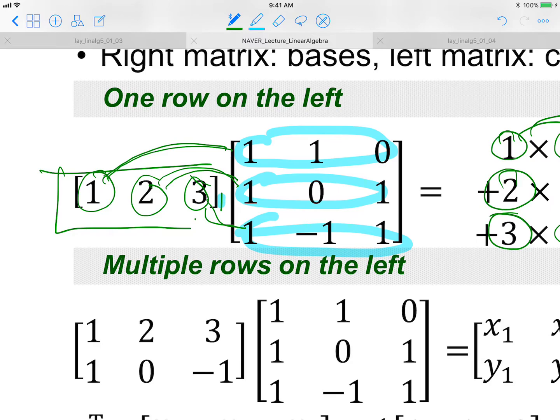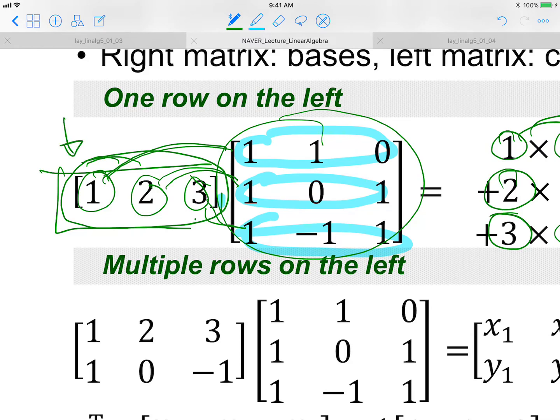And now, in this case, it's a special case of a matrix-matrix multiplication where we have a vector on the left and the matrix on the right, right? Vector and matrix and their multiplication. And in case we have a vector on the left, it always should be a row vector.